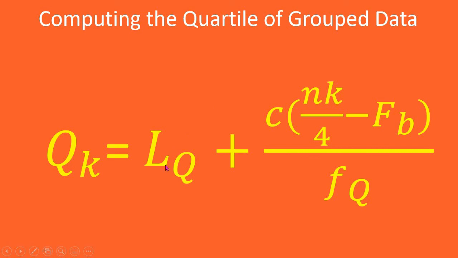This time, we will be having L sub Q, that stands for the lower boundary of the quartile class. C is again the class size. N is again the total number of observations. K is the quartile of interest. F sub B is the less than cumulative frequency before the quartile class. F sub Q is the frequency of the quartile class.